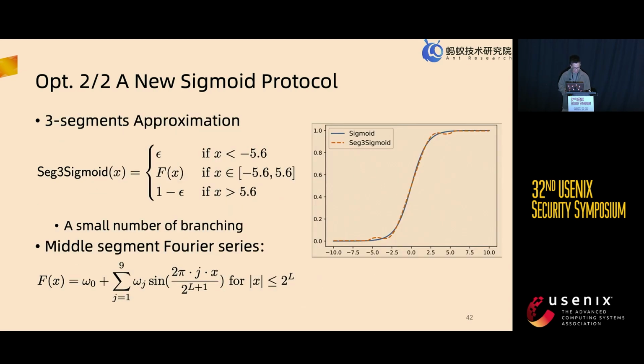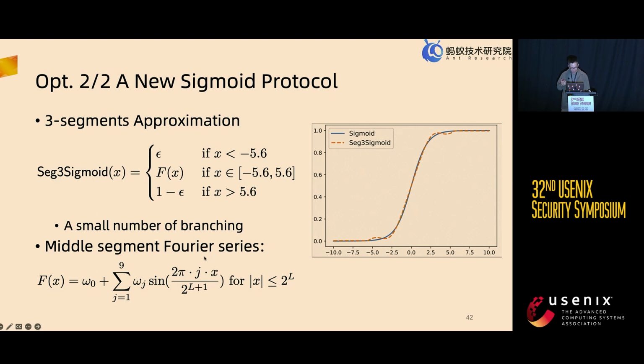So our proposal is to use a 3-segment approximation, where the margin branches are just linear because the sigmoid is linear there. And for the middle branch, we use some kind of Fourier series.